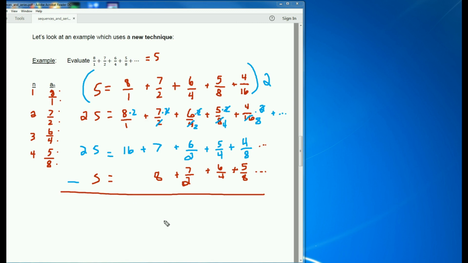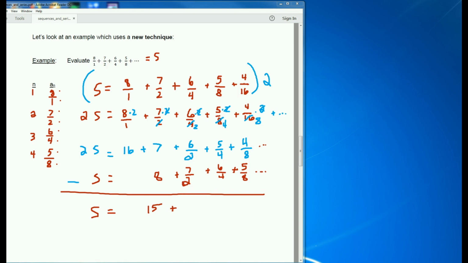All right, so when we subtract these, 2s minus s leaves us with s. And that's what we're trying to find. What is the sum s? All right, so up here I have 16 plus 7. Okay, I'm going to subtract the 8, so that leaves 15. And then plus, okay, 6 halves minus 7 halves is minus 1/2.